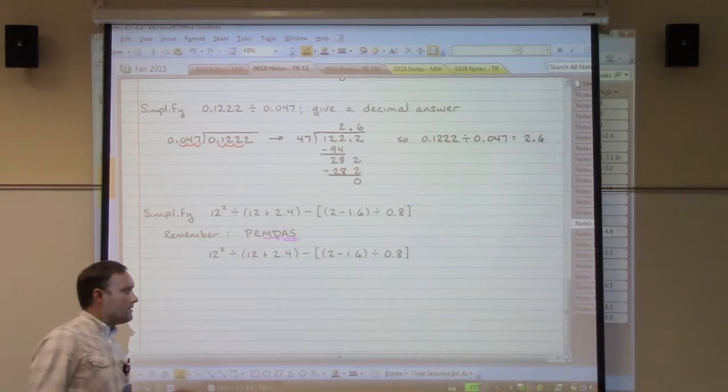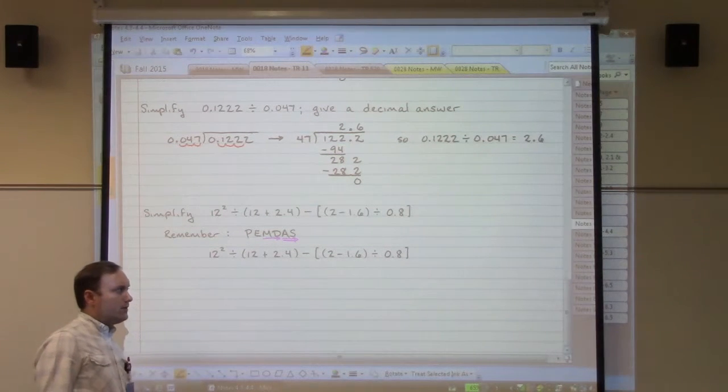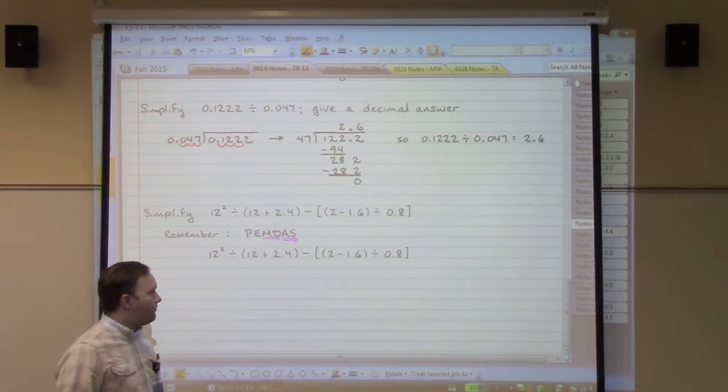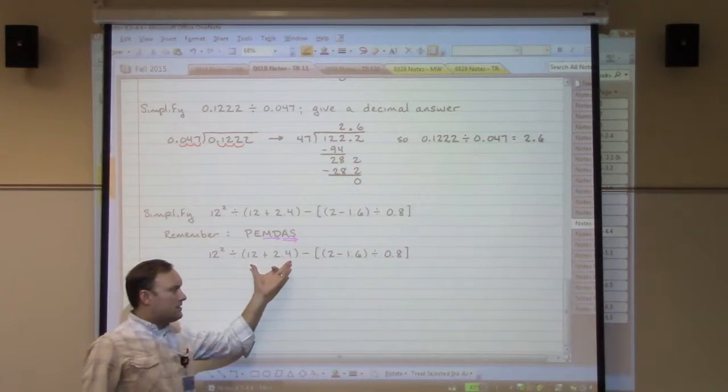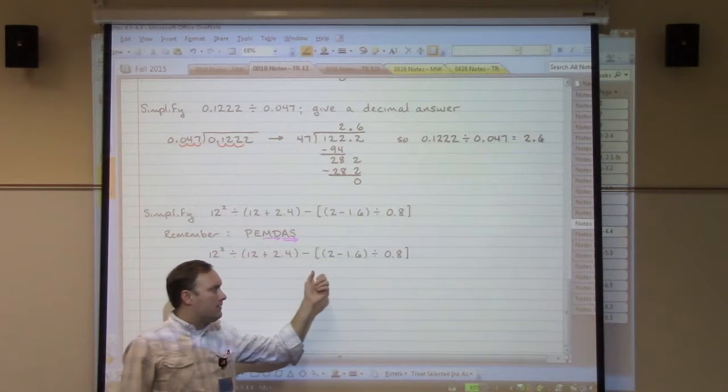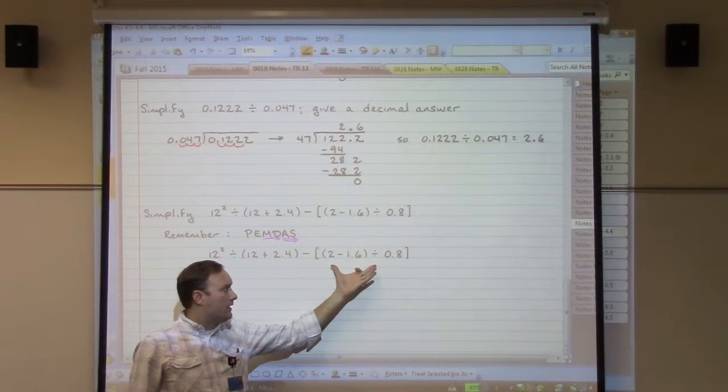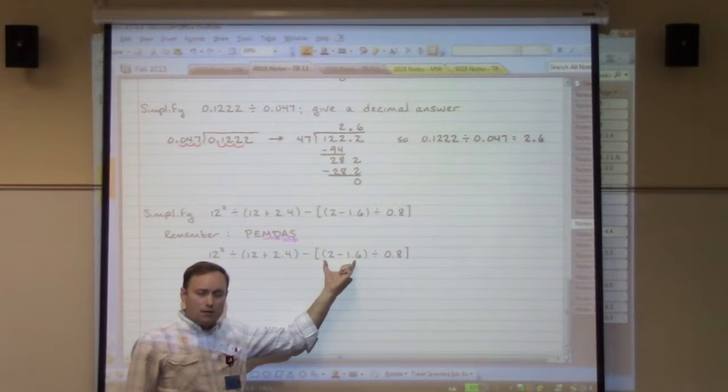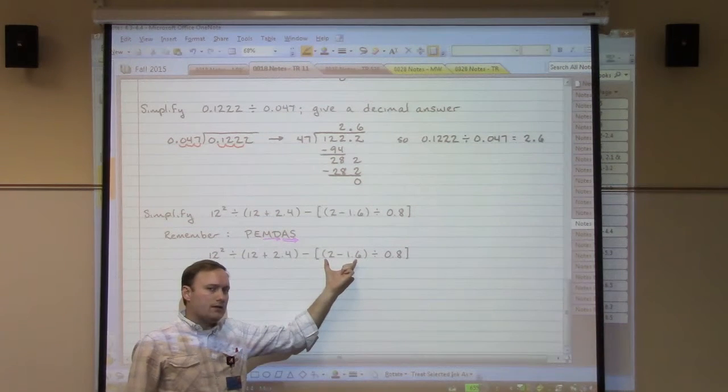So, the P for parentheses also means that we want to take a look for any sort of brackets, regular brackets, curvy brackets, absolute value bars. So we do see a set of parentheses, but we also see, maybe a little bit more importantly, a set of brackets with inside of that a set of parentheses.